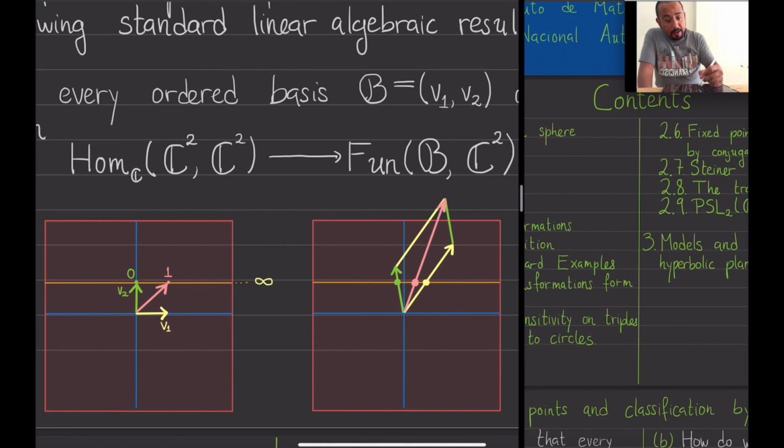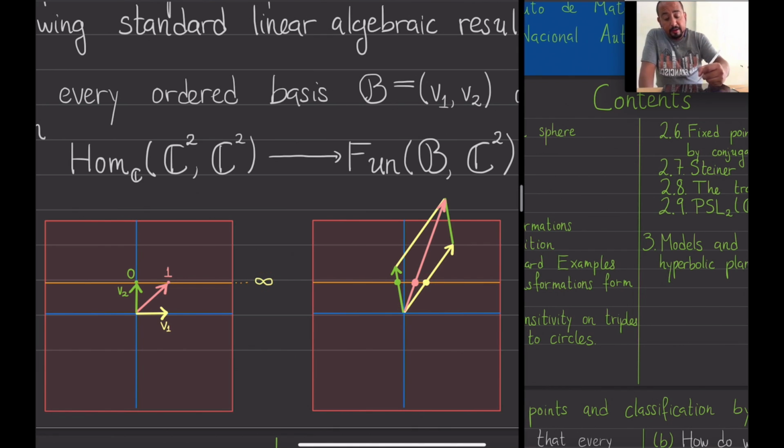I can choose any other non-zero point on this vector subspace. Let's say I can choose this other vector, and I can say, okay, now I want V1 to go there. And then at the level of Mobius transformations, I would still have this point going to this point.